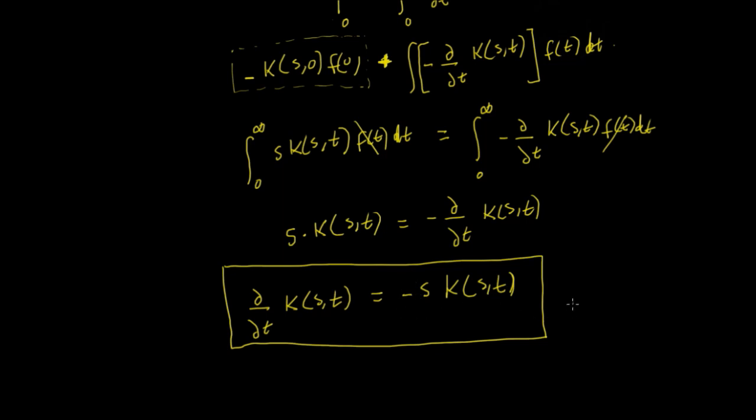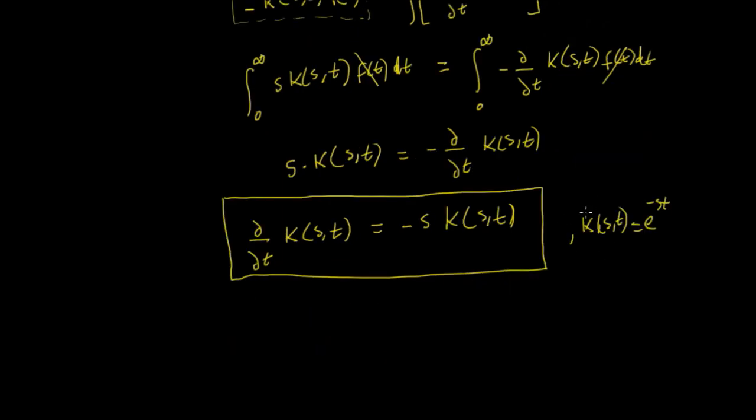Now that there is k of s t. The solution to that is e to the minus st. Okay, because if you differentiate e to the minus st with respect to t, you'll get minus s e to the minus st.